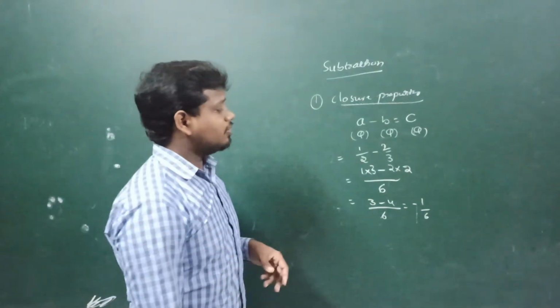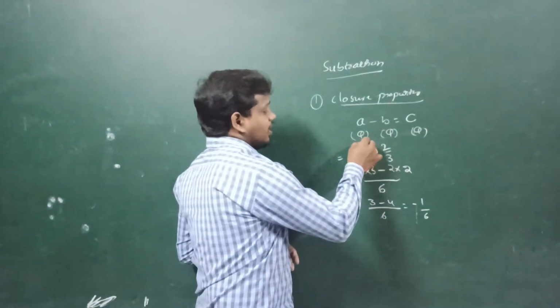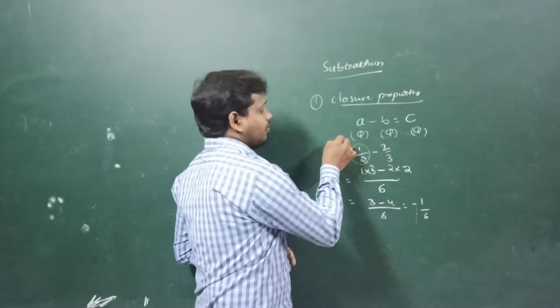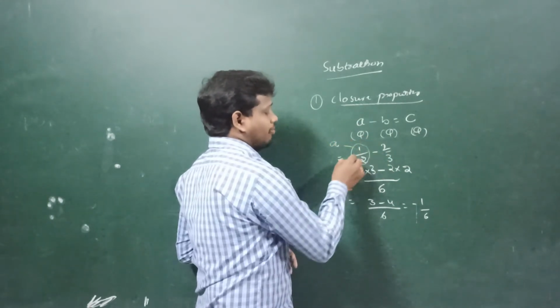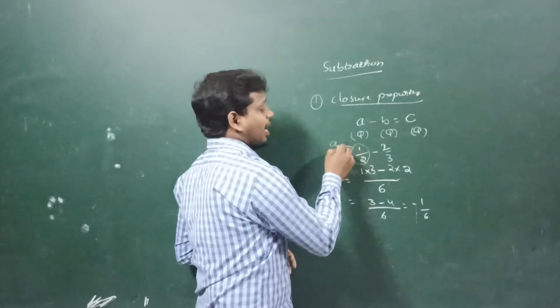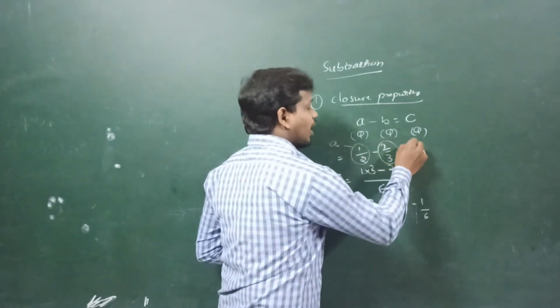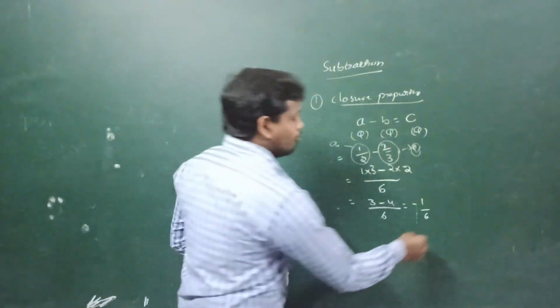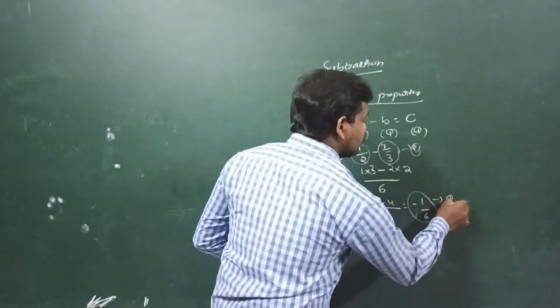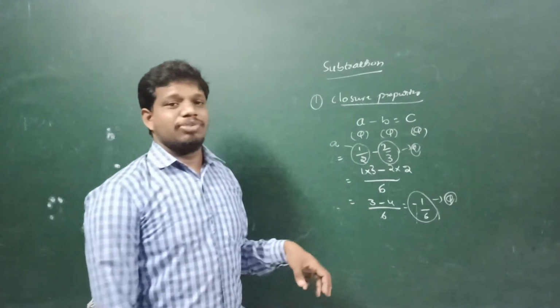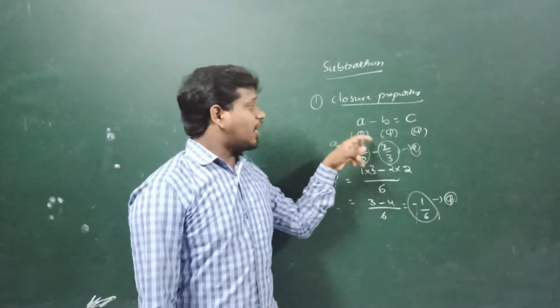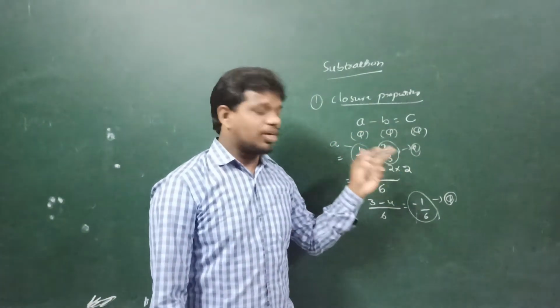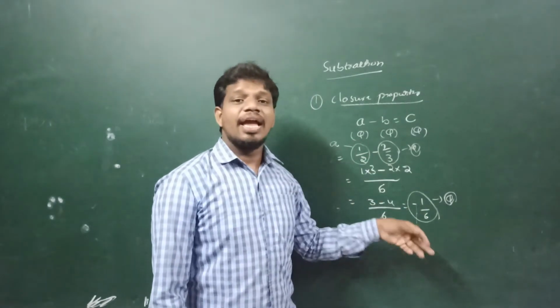Okay, so now see children, here 1 by 2 we assume as a. 1 by 2 is a rational number and 2 by 3 is also a rational number, and the result minus 1 by 6 is also a rational number. So that's why the difference of two rational numbers is also a rational number.